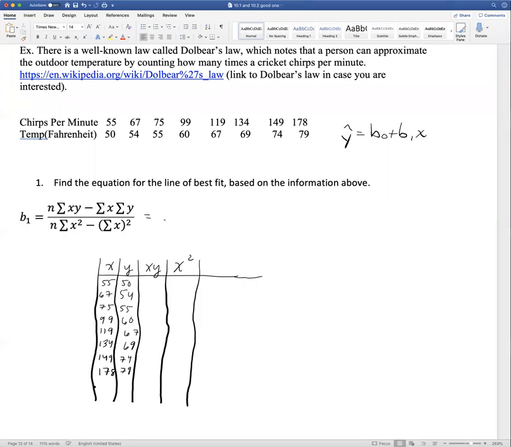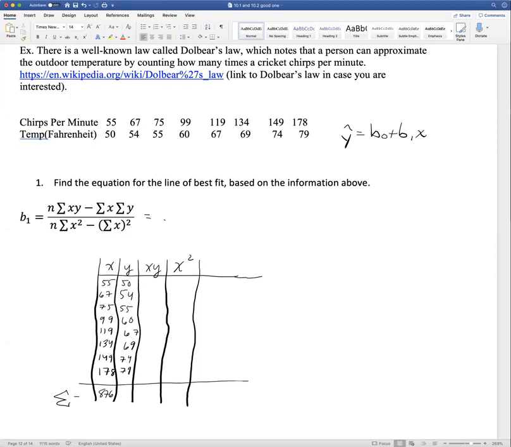At the bottom of these columns are the sums. So let's do the sum of the x values first. If you need to figure out Pearson's correlation coefficient, because it's the same data, you can literally just pull those values off of here. So we have 55 plus 67 plus 75 plus 99 plus 119 plus 134 plus 149 plus 178, and we get 876.